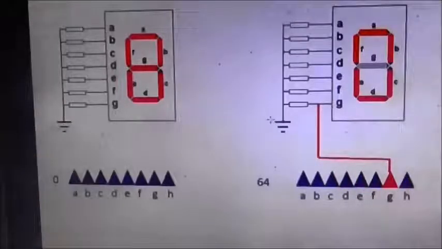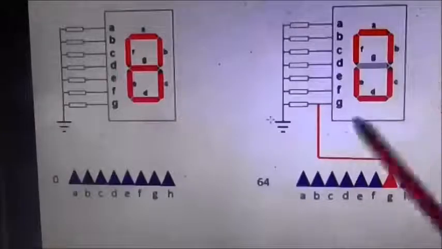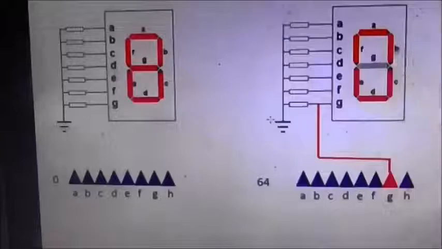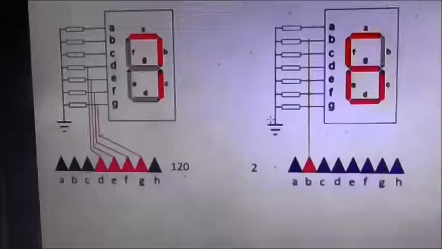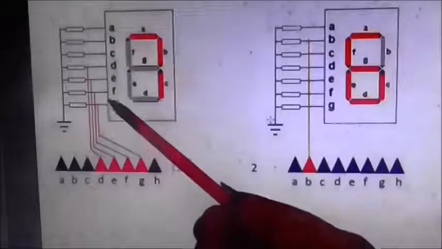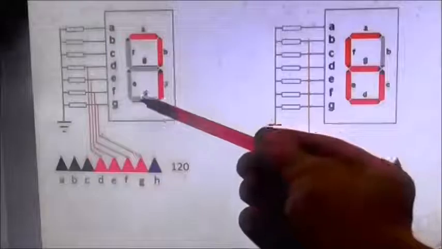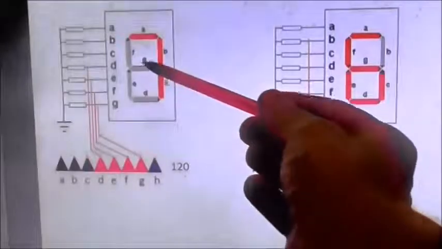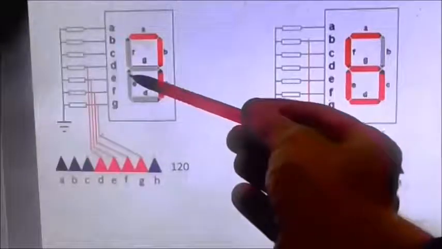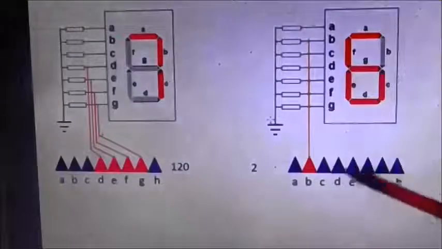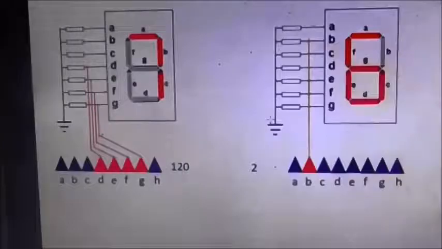And of course we've got a 5-volt potential coming in at the anode, we've got a 5-volt potential there, so that can't conduct and it doesn't shine. And again, if we want 7, we stop G, F, E and D from shining. And if we want 6, we stop B from shining by doing that.